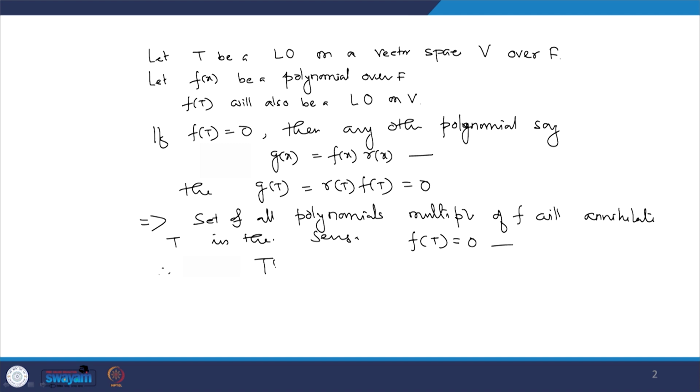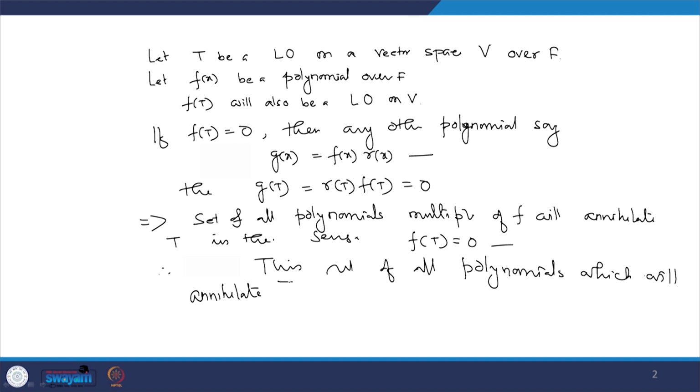So, this set of all polynomials which annihilate T will form an ideal of the polynomial algebra F[x].